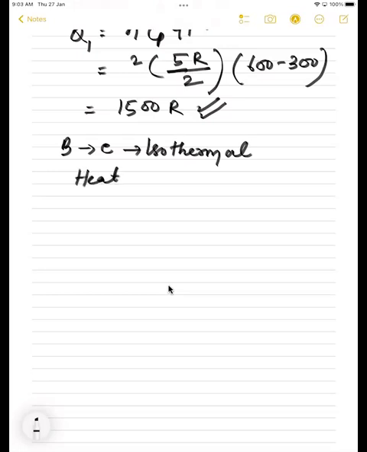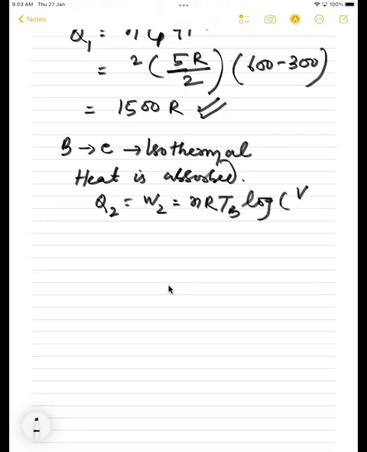So Q2 is equal to W2, which is nRTB log Vc by Vb. Point C volume is equal to point D volume, right?